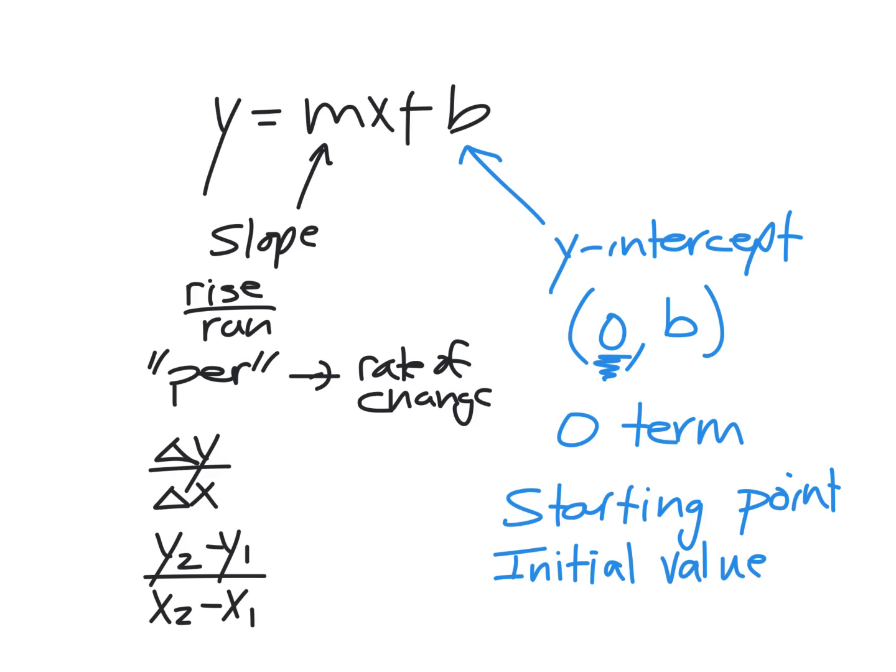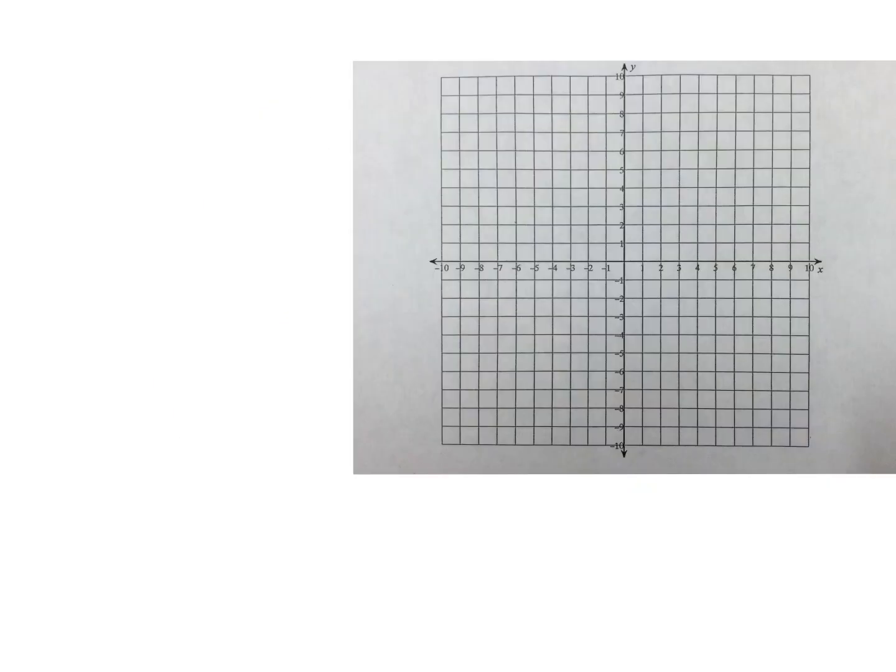So what we're going to do is look at a couple of different problems. First, we want to look at graphing when it's in slope-intercept form. So let's say we're given the equation y equals negative 3/4 x minus 5. Depending on how you think of it, this is my y-intercept on the y-axis, or my starting point, my 0 term.